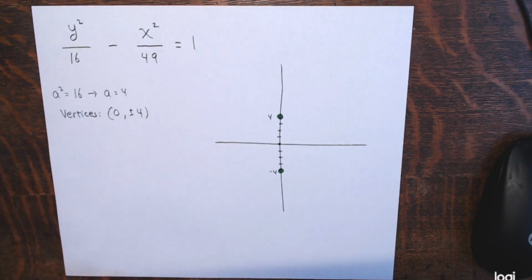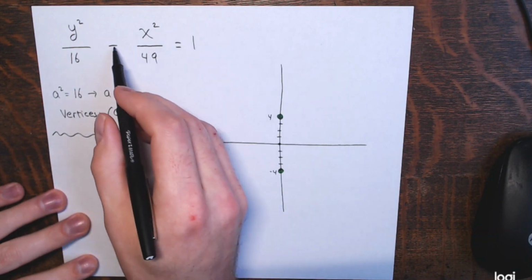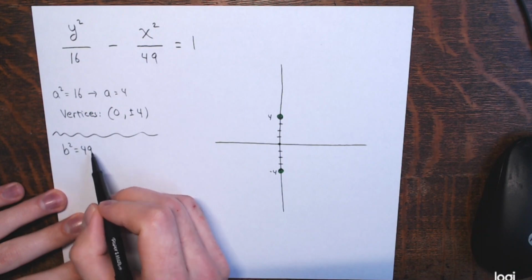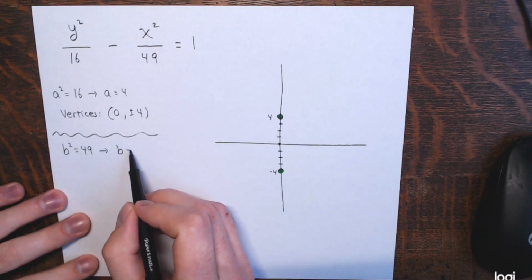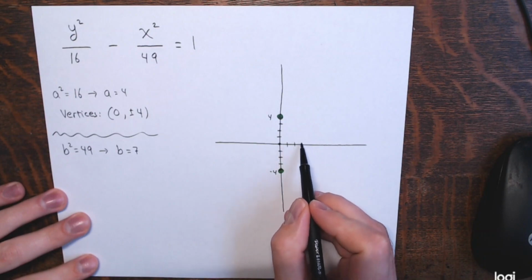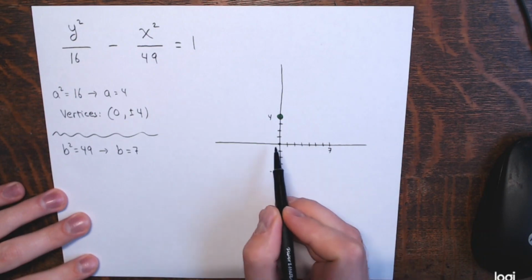All right, and then the other denominator, the one under the negative term, is b squared. It's 49, so b is 7. And I'm going right and left then, 7 units right from the center, and then left 7.